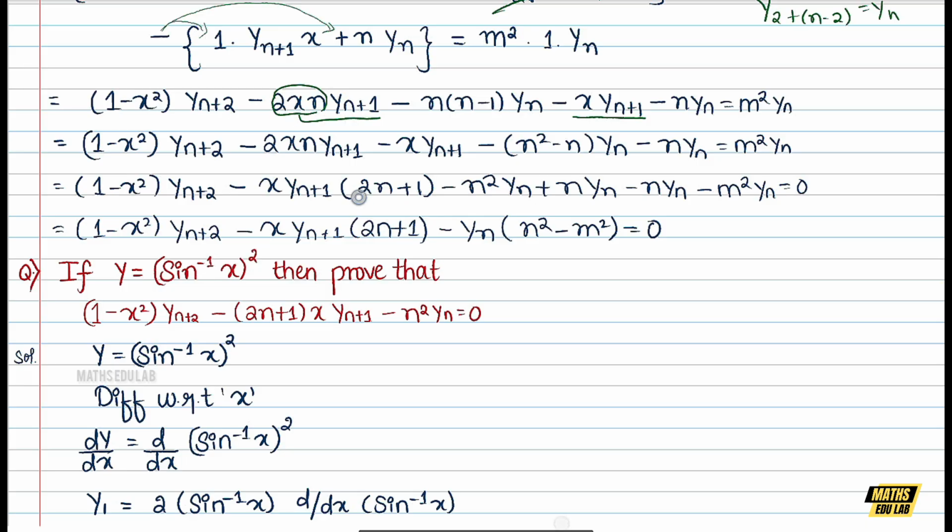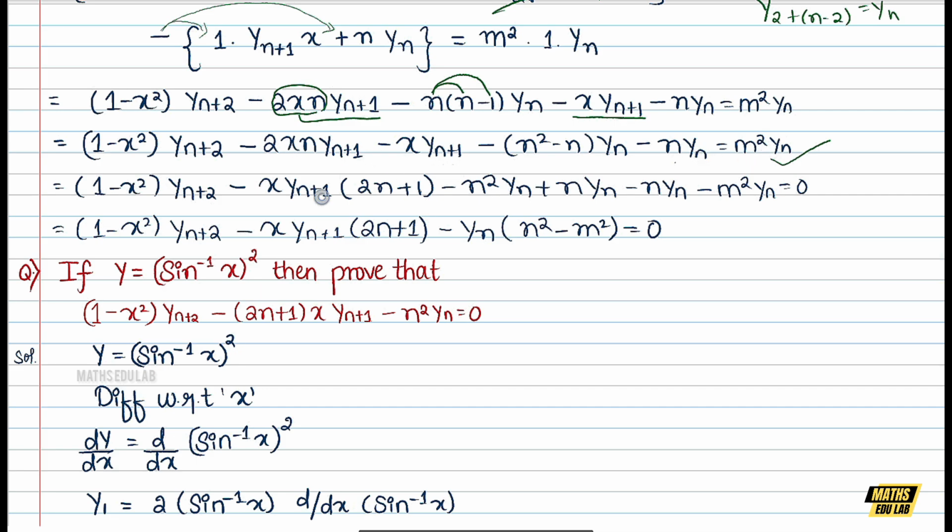Okay, so here I have taken y n plus 1 as common, then the remaining will be in the bracket. That means I have written already here the equation x y n plus 1 2n plus 1. Then on multiplying the values n square, you will get minus n y n. So minus n y n is equal to m square y n.